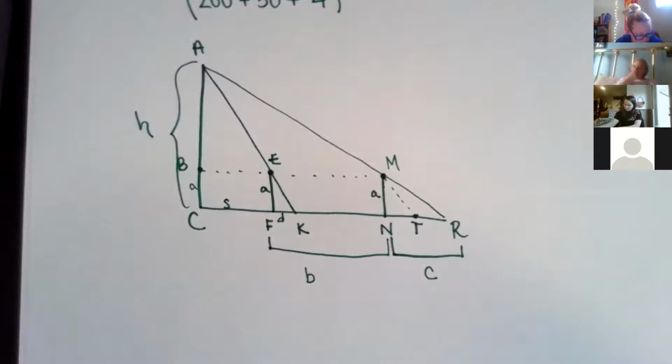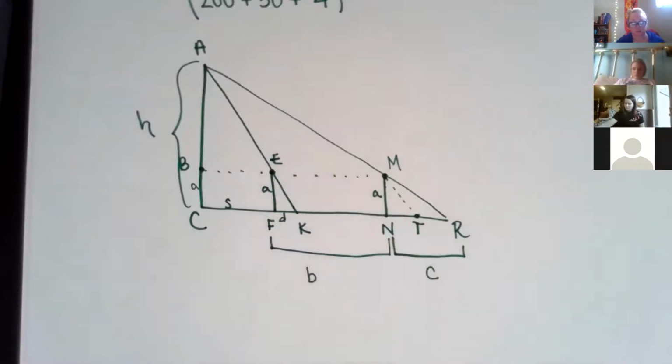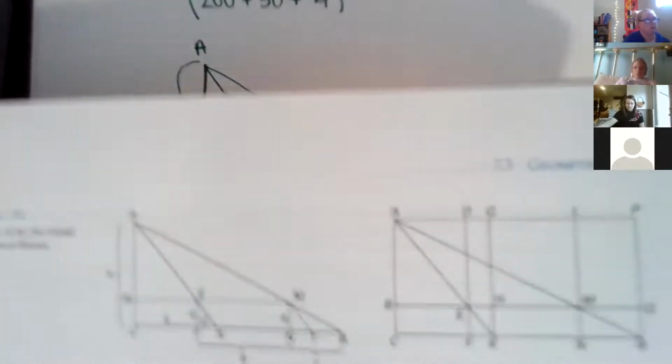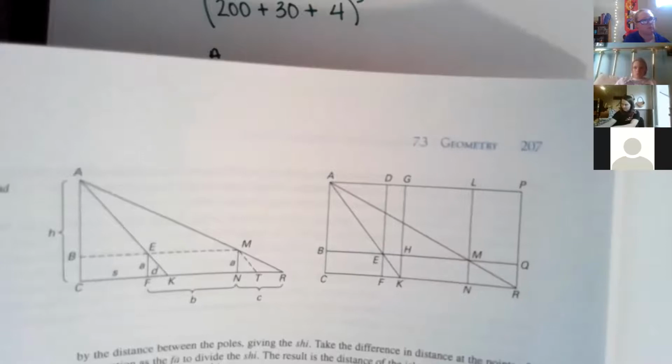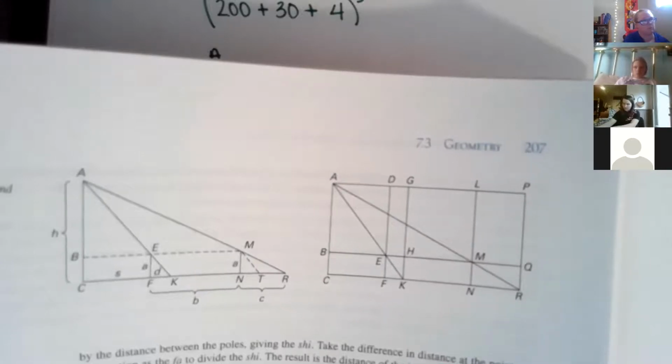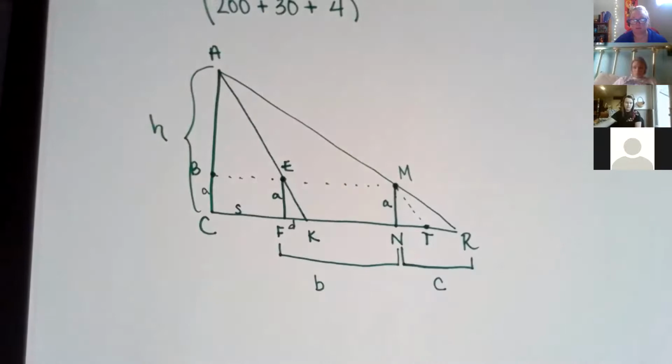So this is the first picture. They ended up using constructions essentially to then draw that picture, to make a rectangle.